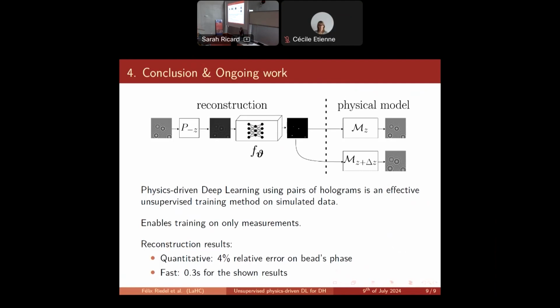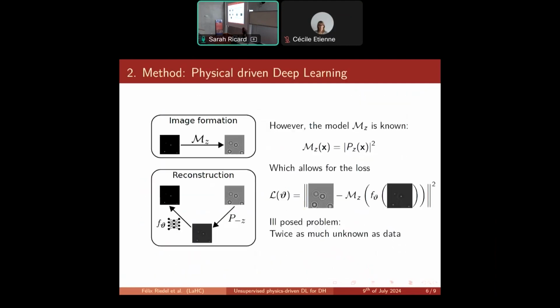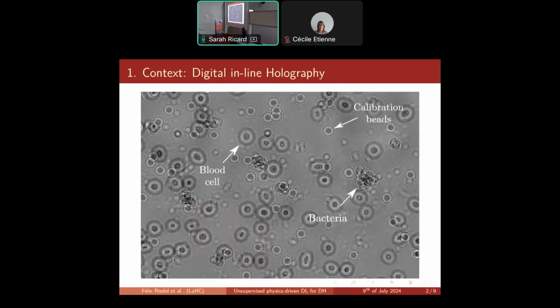Don't you think it could be useful to differentiate, like you showed, red cells, bacteria, just structure here? You mean making the difference on... Yes. Well, it's not that easy.